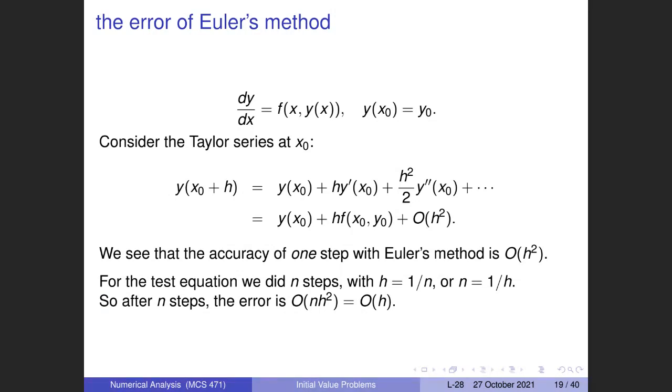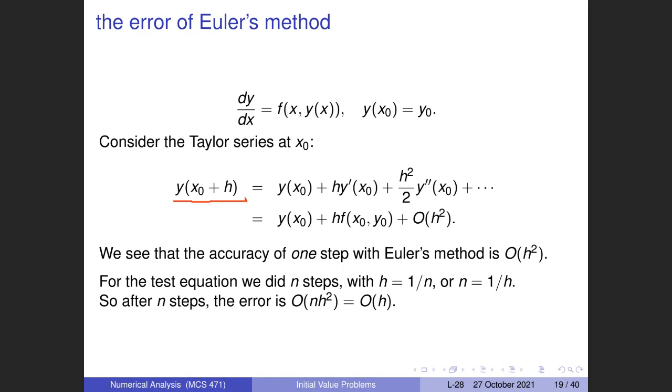Can we justify this? Can we look at the error? Well, let's look at the Taylor series. So we expand the Taylor series. So the Taylor series at x naught actually corresponds at the left-hand side, it is identical to the local error. So what you have at the left is what we will take as the approximation.